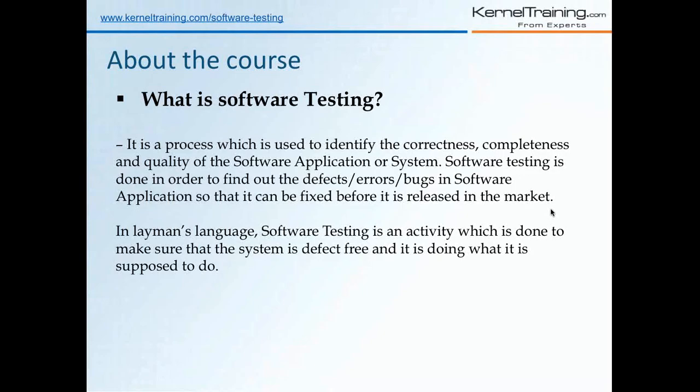So let's get into the definition of software testing. Before I get into that, software testing can be done on anything. Without testing, we don't release any product in the market. For example, a car. You must have driven a car also, right? Before any company rolls out a car in the market, they have their own test procedures.